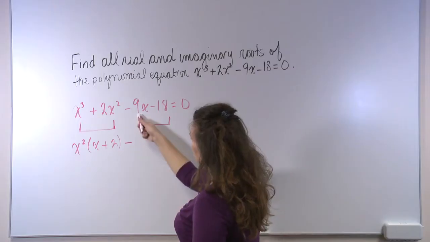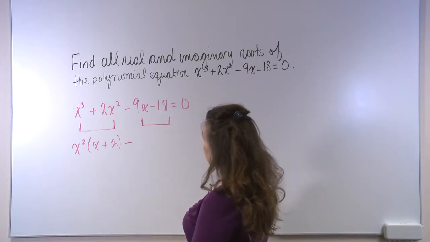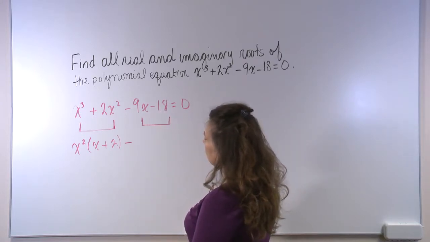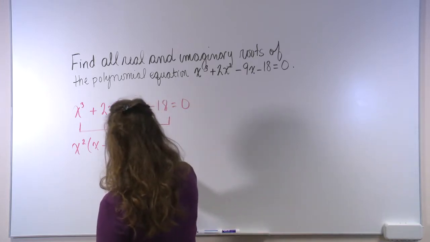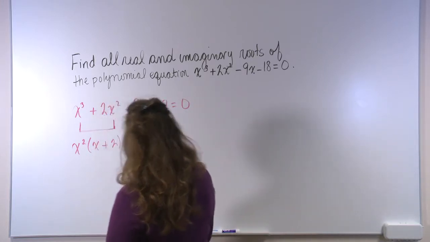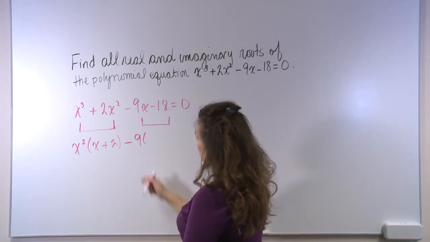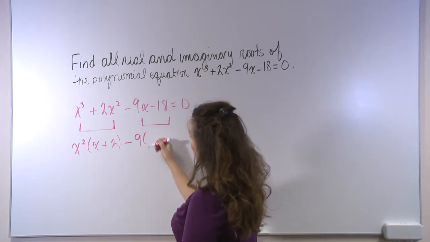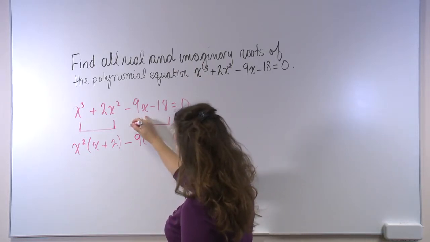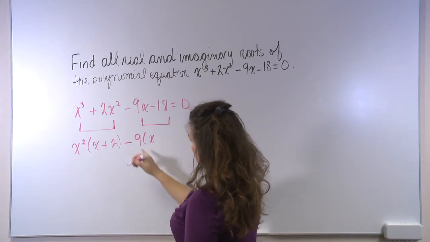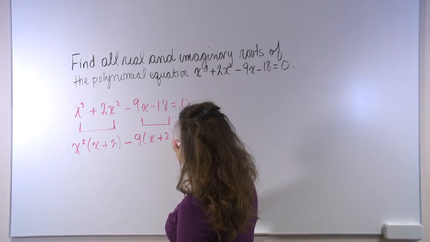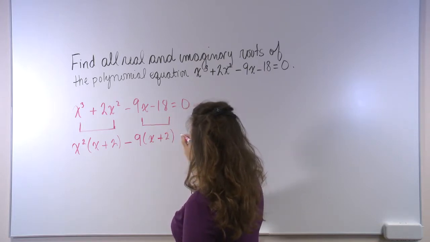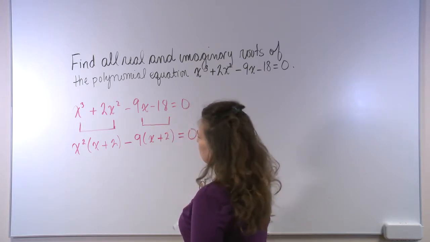I'm also going to look and see both of these numbers are divisible by 9. So I'm going to go ahead and factor out a 9 or a minus 9. And in doing so, negative 9 times x will give us a negative 9x. Negative 9 multiplied by 2 will give us negative 18, and that's all equal to 0.